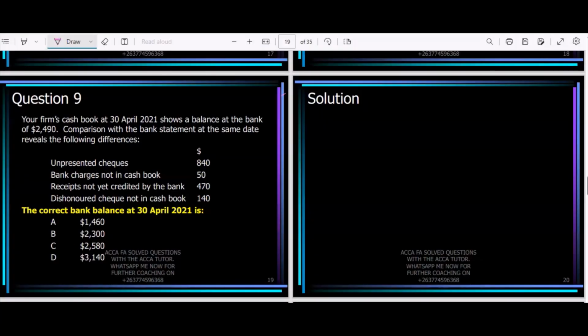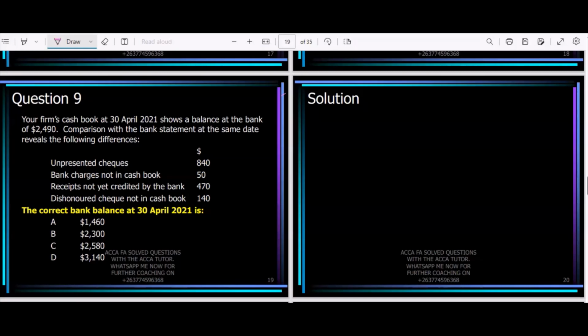Okay, ladies and gentlemen, this is now our next question, and it reads, your firm's cash book at 3rd April 2021 shows a balance at the bank of $2,490. Comparison with the bank statement at the third date reveals the following differences.